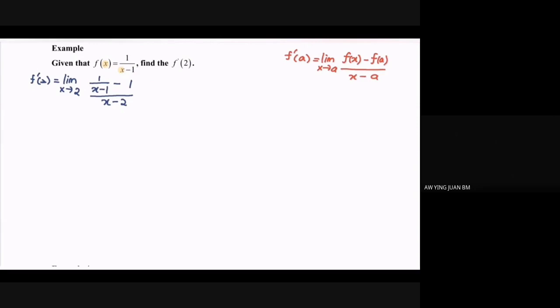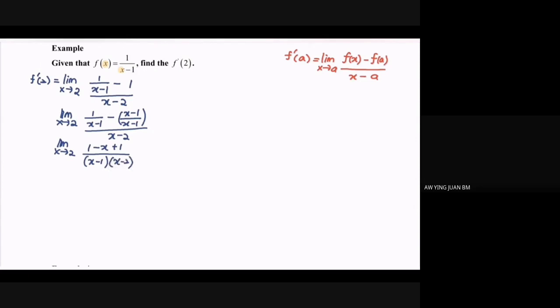Next, I'm going to simplify or equate the denominator for the numerator part. So limits when x approaching 2, 1 over x minus 1 minus 1 over x minus 1, all over x minus 2. Limit when x approaching 2, we will have 1 minus x plus 1 over x minus 1 bracket x minus 2.